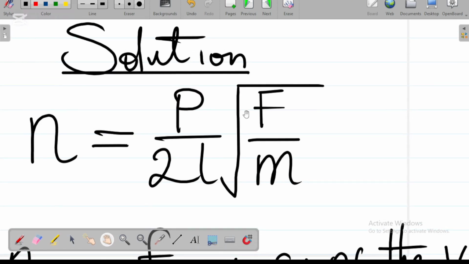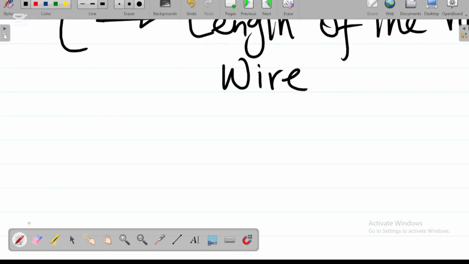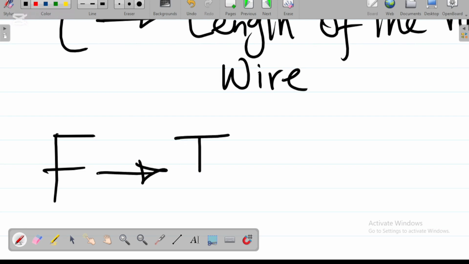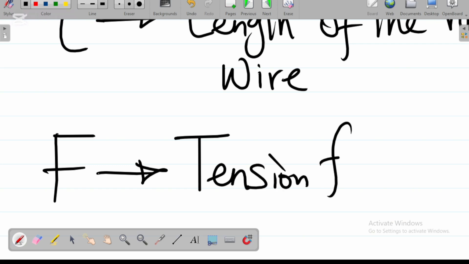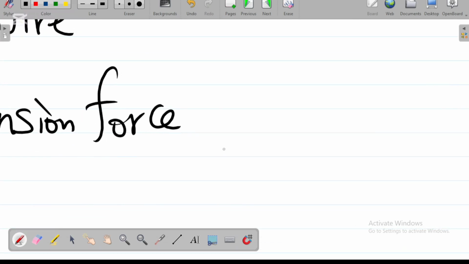Alright, so what is F? Let's look at F. F is the tension force. You can either say tension or force in the wire.